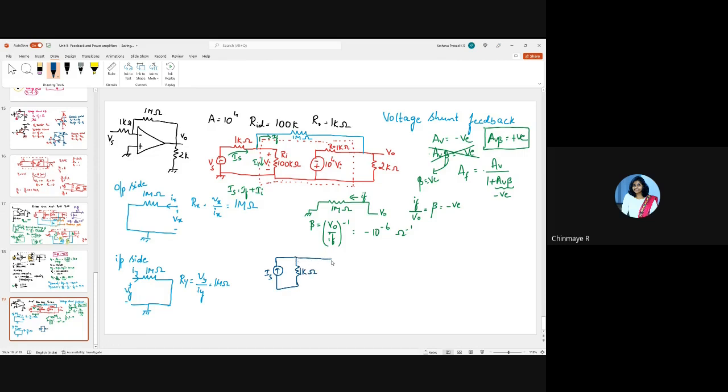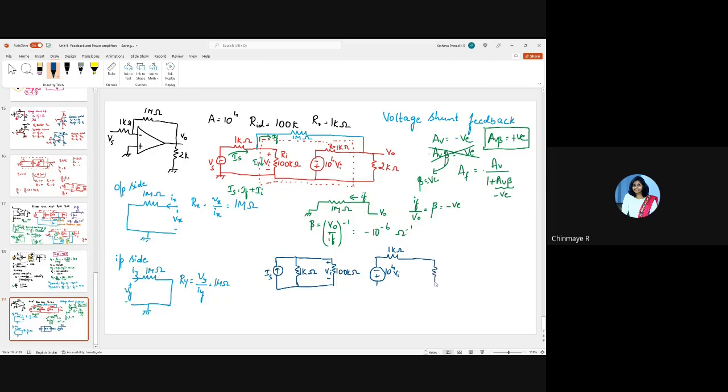And then you will have a 100 kilo ohm here. Since this is an op amp, you'll have a Vi here, and that gets amplified. This is an inverting amplifier, therefore you'll have a negative on top and positive here. So this will be 10 power 4 times Vi. R naught will be as it is, 1 kilo ohm.